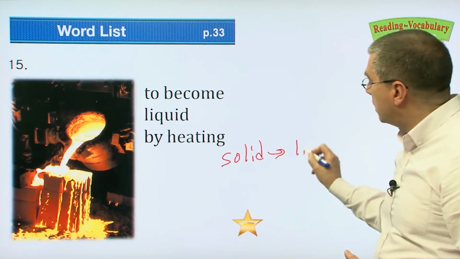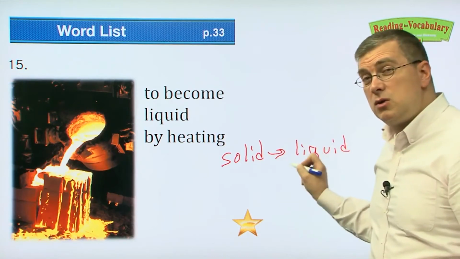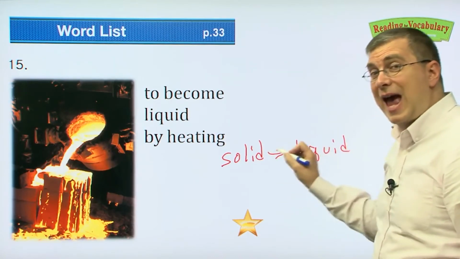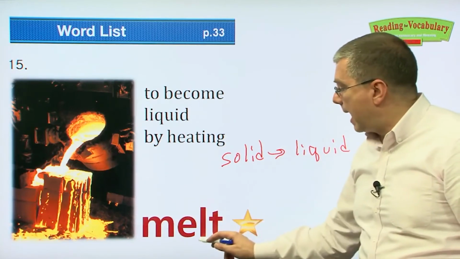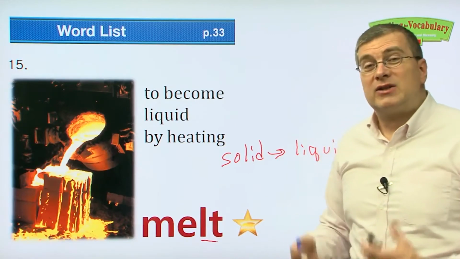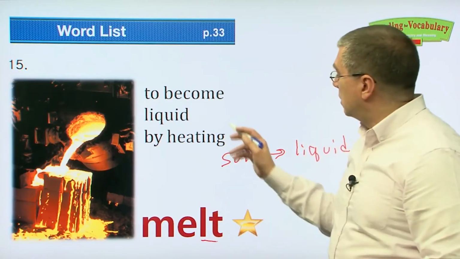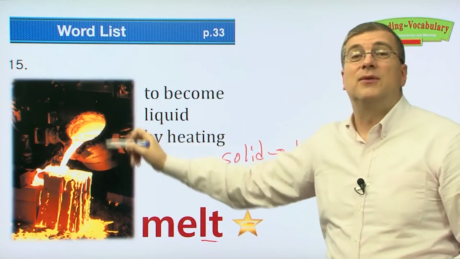Now, what word do we use to describe this action? We say melt, to melt. L-T at the end, melt. So if something melts, it turns from a solid to a liquid. It becomes liquid by a lot of heat.